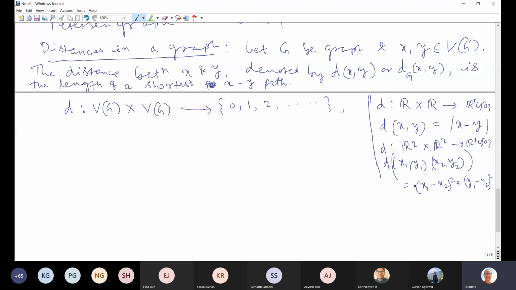This is the Euclidean distance you consider, right? So this distance function should be a metric, meaning it should satisfy some properties. The distance function we defined for a graph satisfies these properties.